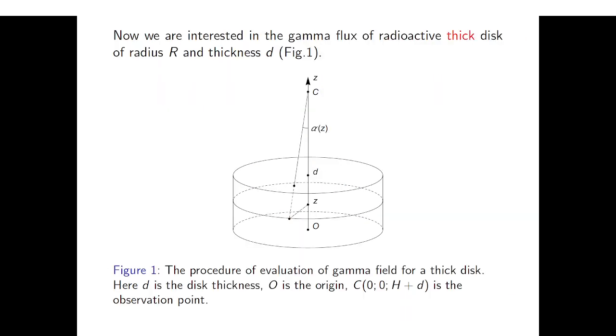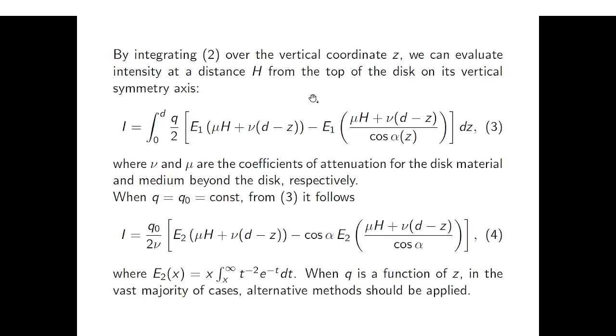Now we are interested in the gamma flux of a radioactive thick disk of fixed radius and thickness, as shown in figure 1. The problem is to evaluate gamma intensity at the point C. By integrating the relation for thin disks over the vertical coordinate z, we can evaluate intensity at a distance h from the top of the disk on its vertical symmetry axis and obtain relation 3.